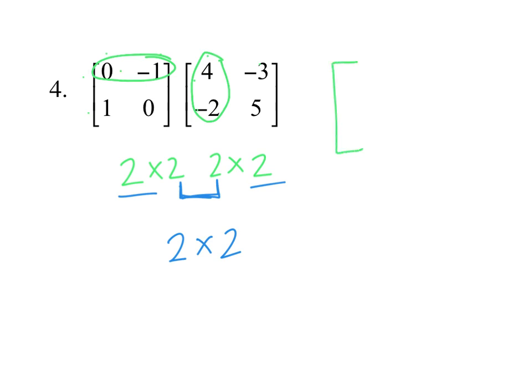This is going to be 0 times 4 plus negative 1 times negative 2. We're going to do the same thing, except we're multiplying now by the second column. So this same row needs to be multiplied by the second column. We will get 0 times negative 3 plus negative 1 times 5.